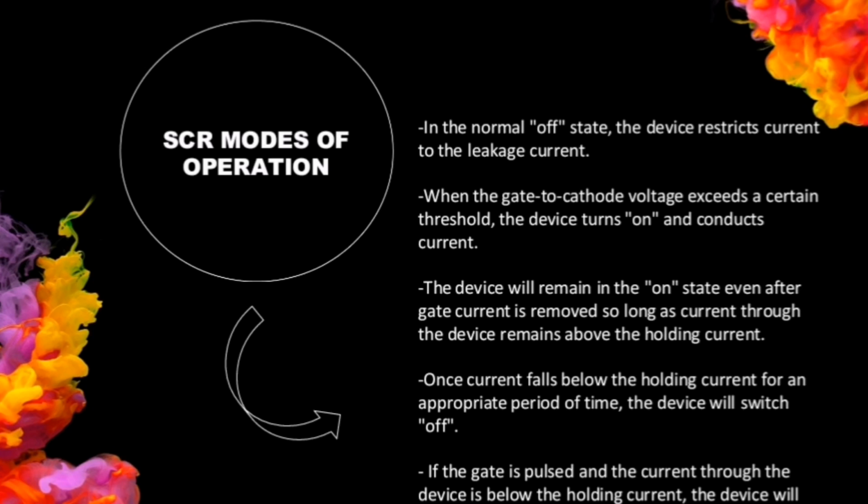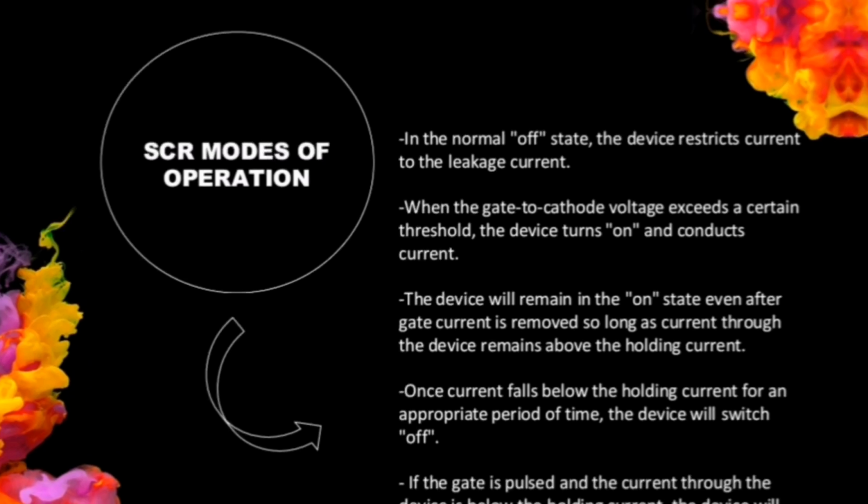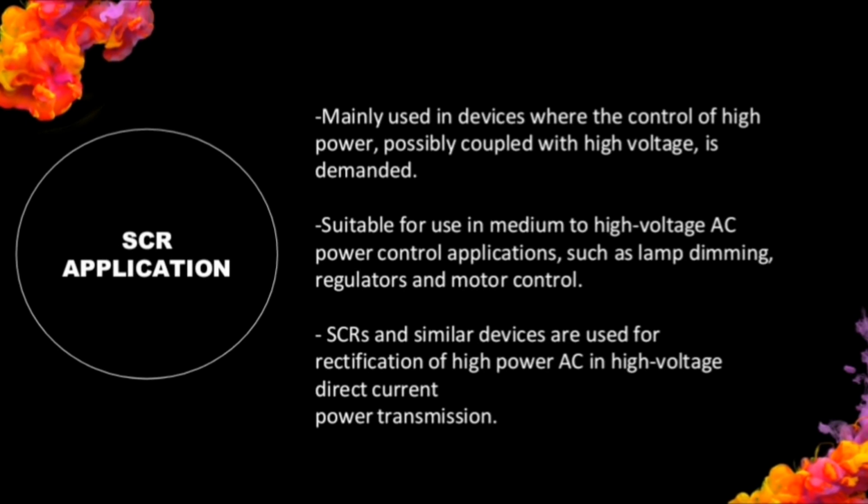Once the current falls below the holding current for an appropriate period of time, the device will switch off. If the gate is pulsed and the current through the device is below the holding current, the device will remain in the off state.